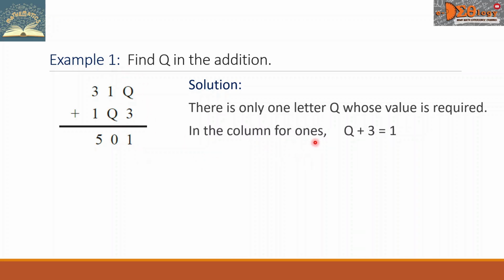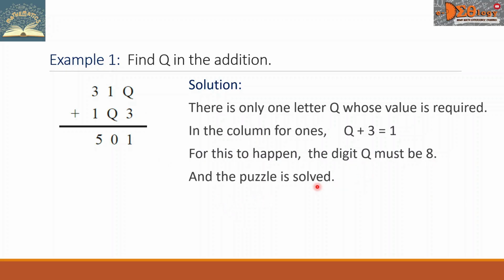In the column for ones, Q plus 3 equals 1. For this to happen, the digit Q must be 8. And the puzzle is solved. When we substitute the value Q as 8, it becomes 318 plus 183 equals 501. And this is correct. Therefore, Q equals 8.